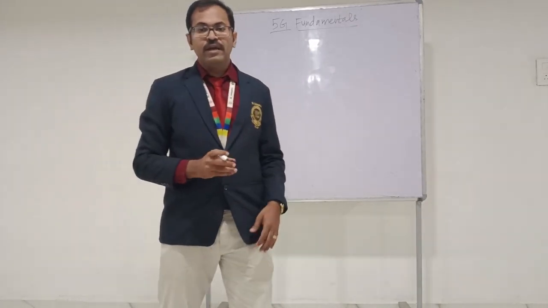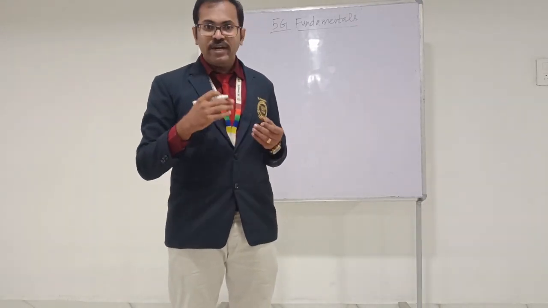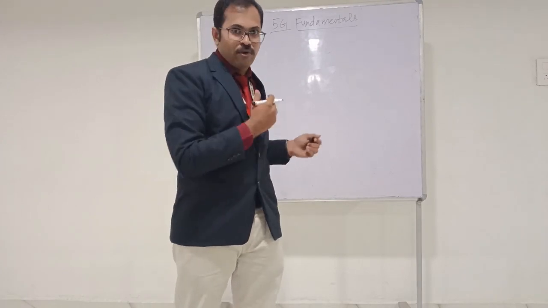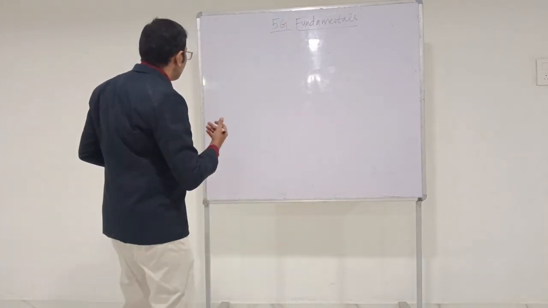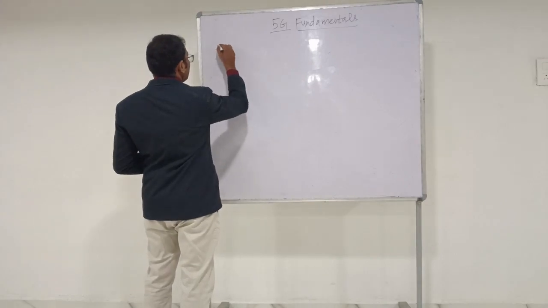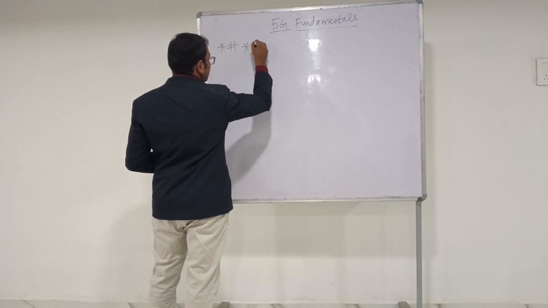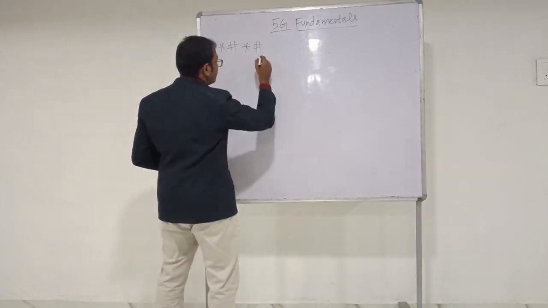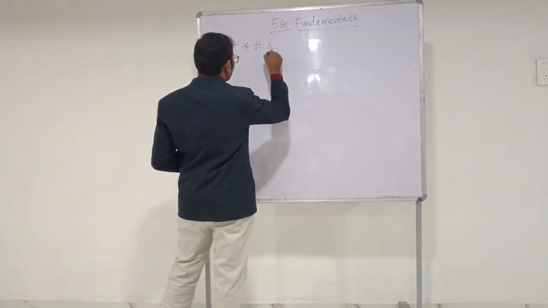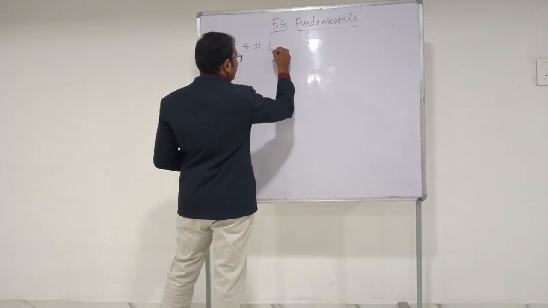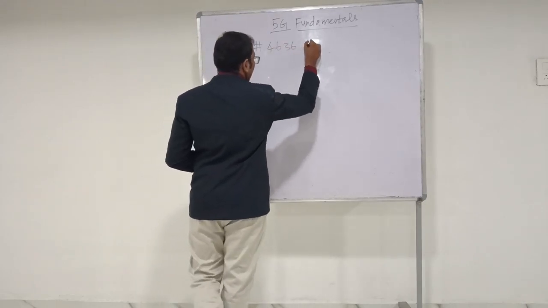Even before we get into the topic, I want every one of you to explore the following provisions. On your Android mobile, go to the dialer and try to type this short code: *#*#4636#*#*.